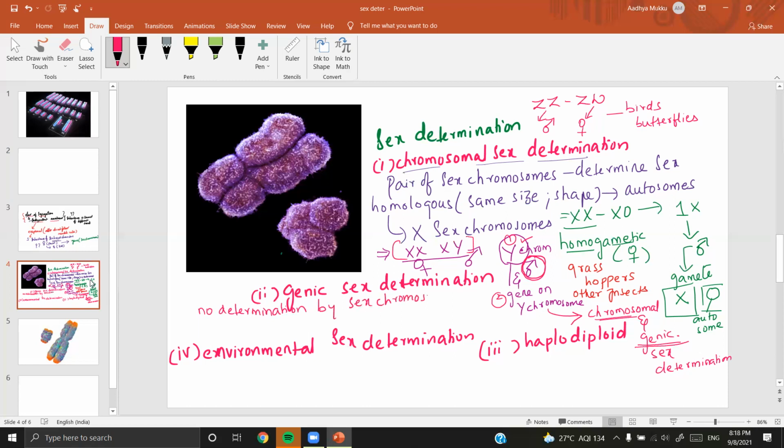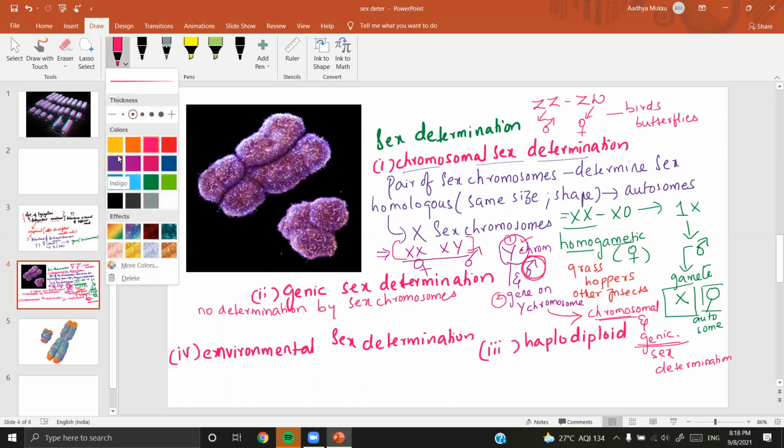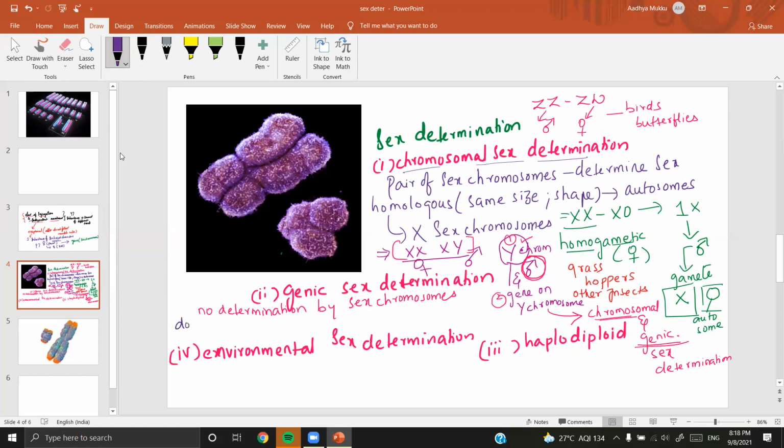So then how is the sex determined in the genic process? In the genic sex determination, the sex is determined by the genes located on undifferentiated chromosomes.